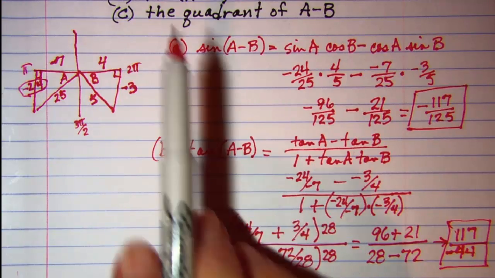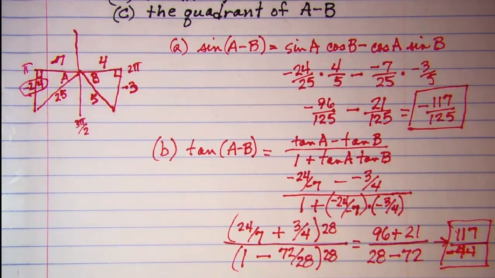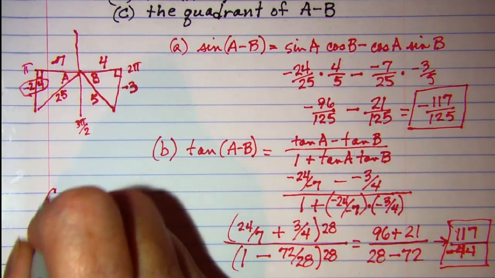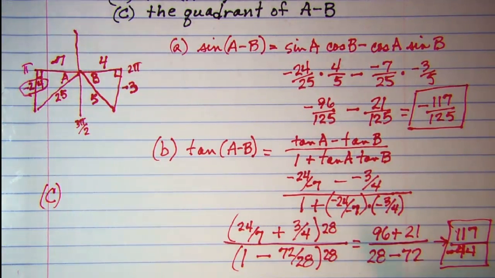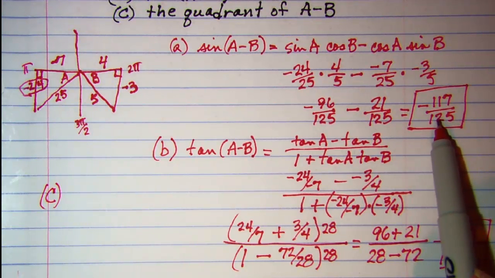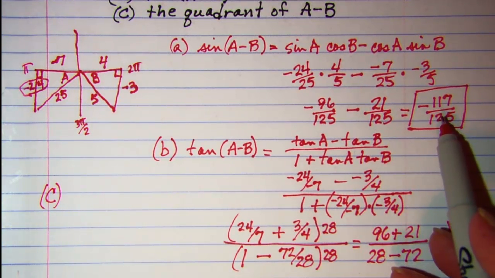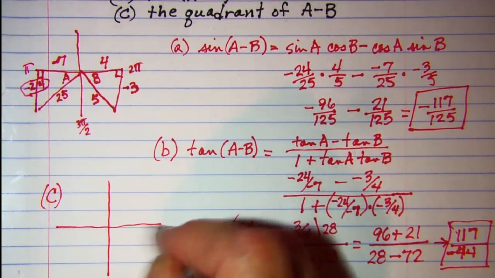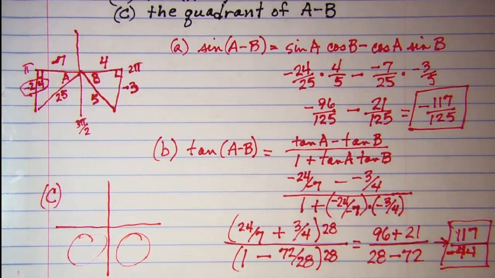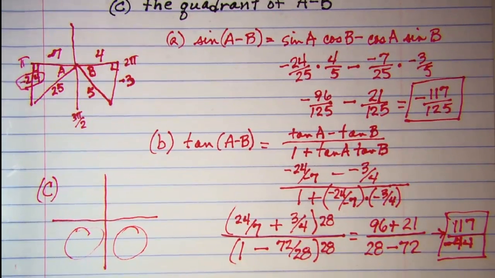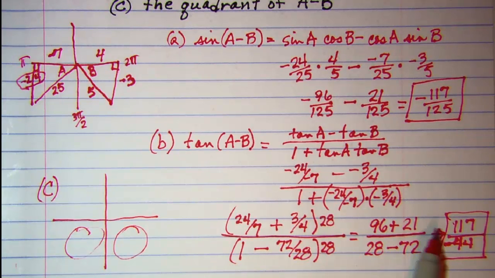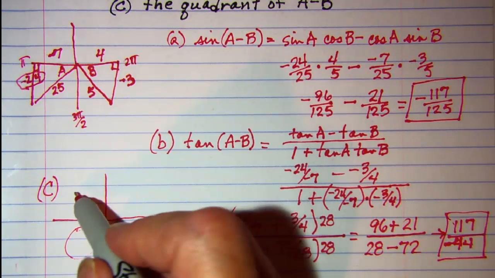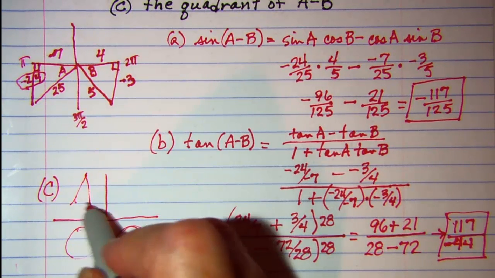And then the last thing we want to find is the quadrant for A minus B. Let me put that over here. My sine is negative in these two quadrants, and my tangent is negative in these two quadrants.